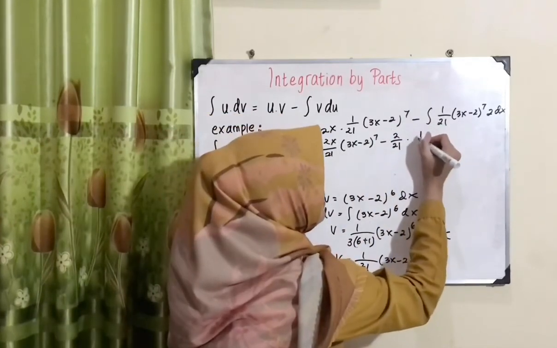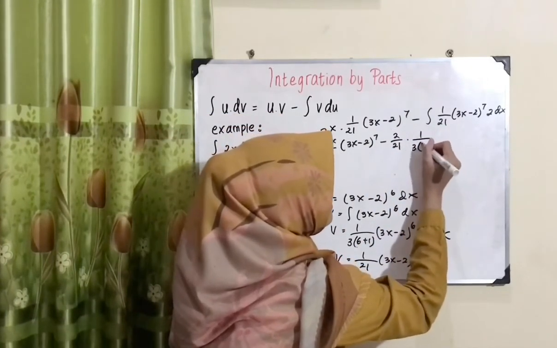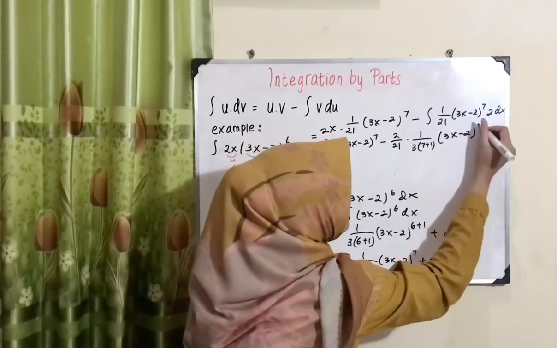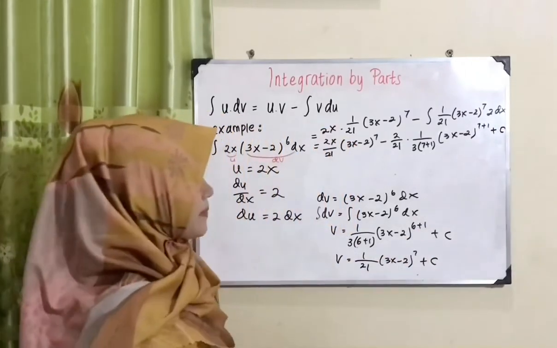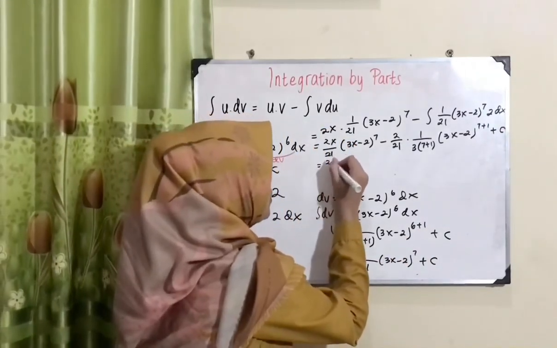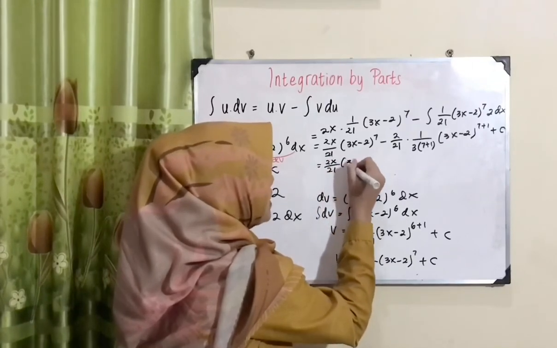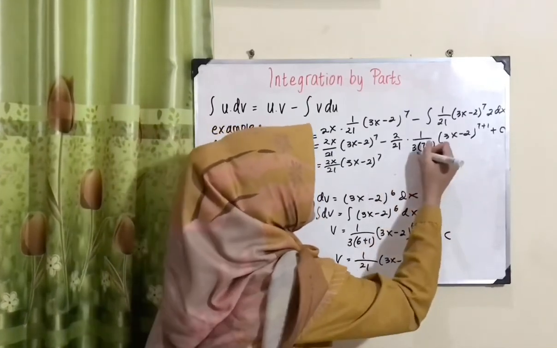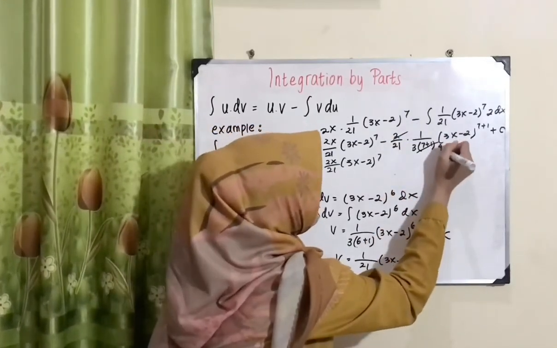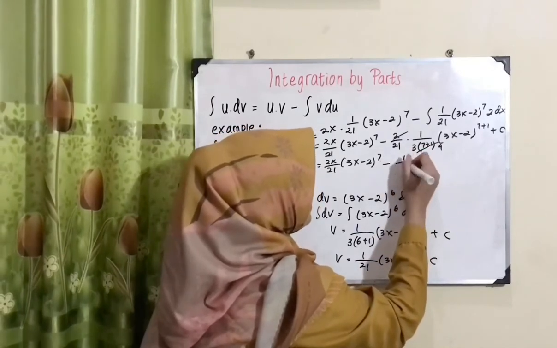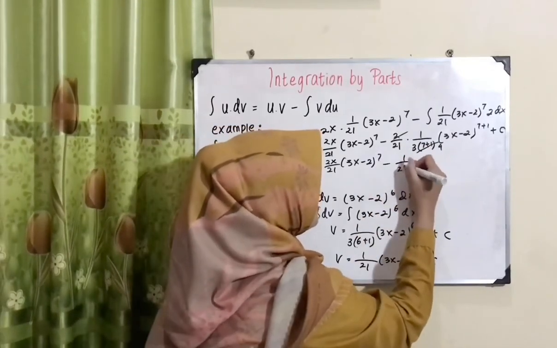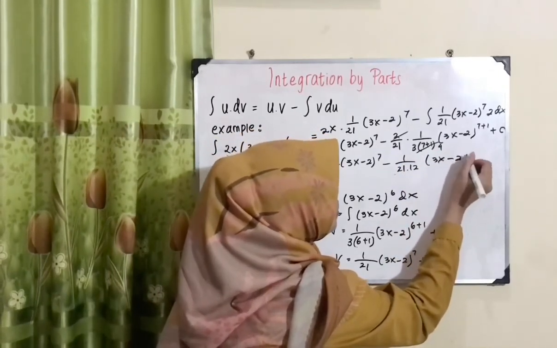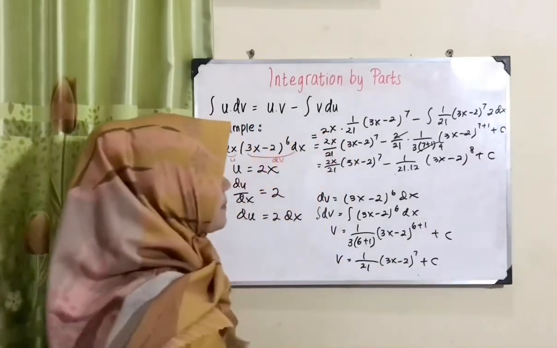Okay, this is equal to 1 over 3 times (7 plus 1) times (3x minus 2) to the power of 7 plus 1 plus c. Okay, this is equal to 2x over 21 times (3x minus 2) to the power of 7, minus, 7 plus 1 is 8, 8 over 2 is 4, and then we can write 1 over 21 times 12 times (3x minus 2) to the power of 8 plus c.